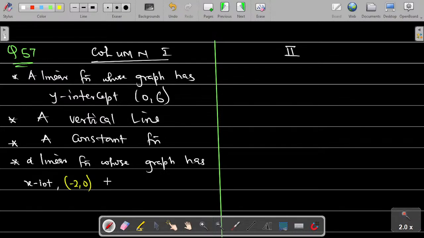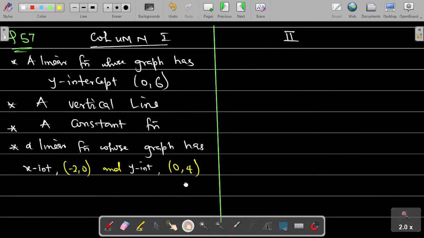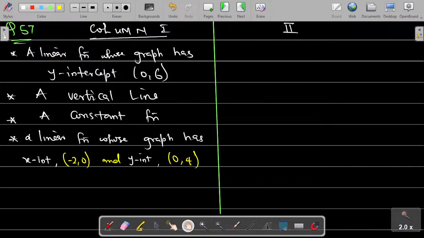And then he has y-intercept as 0, 4. Okay, so they're asking us to match this with something that I will write on this thing. Okay, and then I hope that all of this, okay, I can reduce this, right?